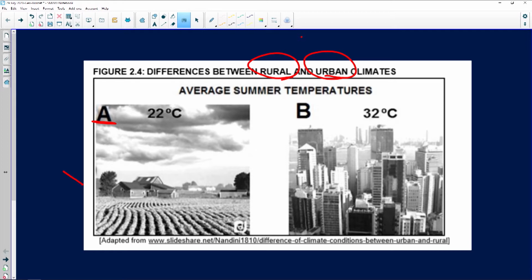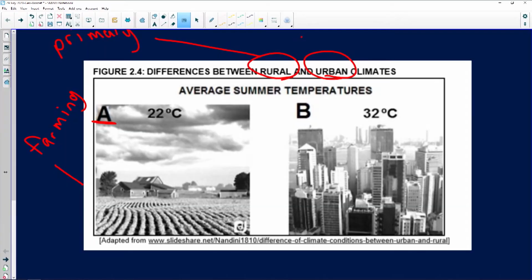Because we can see farming is taking place. Farming is a rural activity. What happens in rural areas? It's mostly primary activities. Once again, great class, we need to revise. I need to remind you, primary activities: farming, fishing, forestry, and mining.